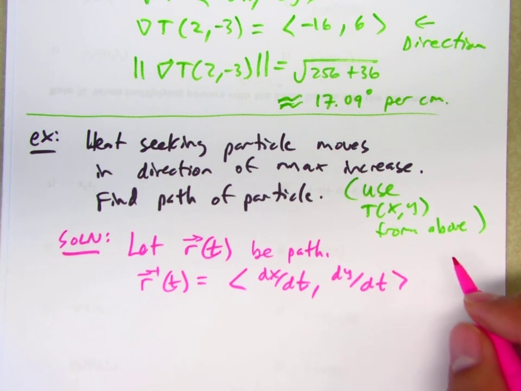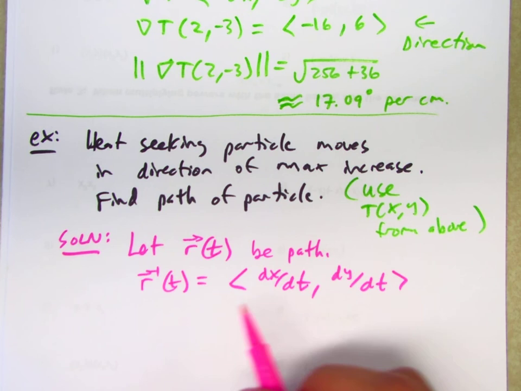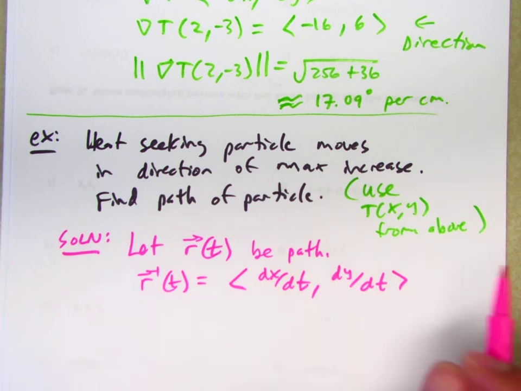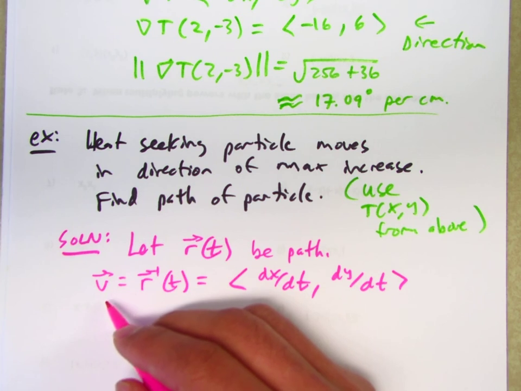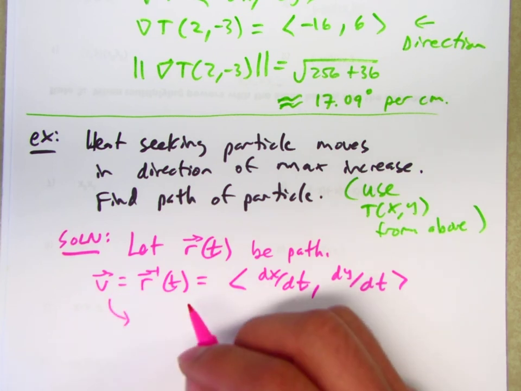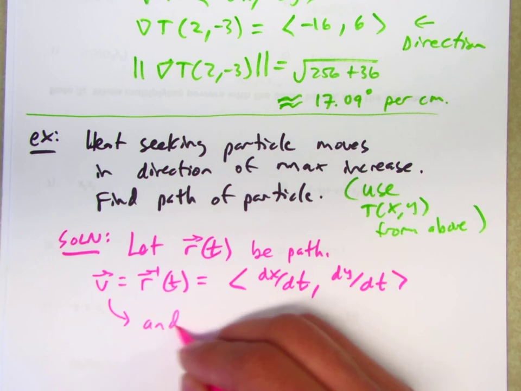We also know, since this is the velocity vector, that the velocity vector and the gradient must be in the same direction.